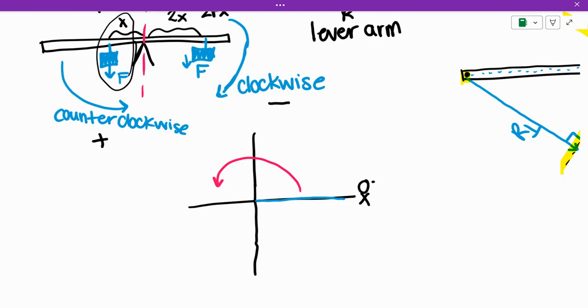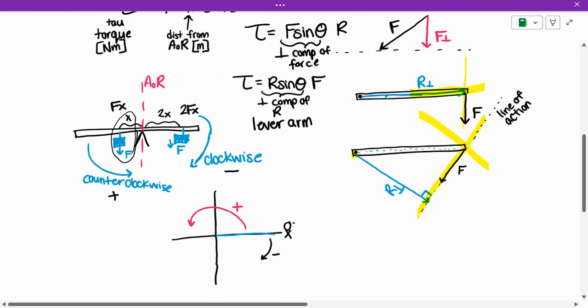The direction of our negative angles is clockwise, right? So what we're doing is actually following the same conventions that you do in math class, where counterclockwise is positive, clockwise is negative. So that's the basics of torque.